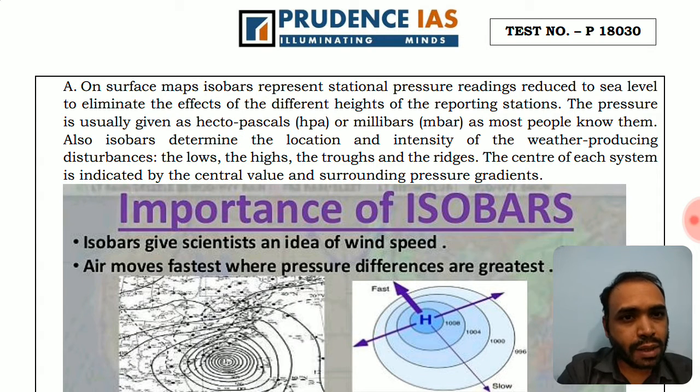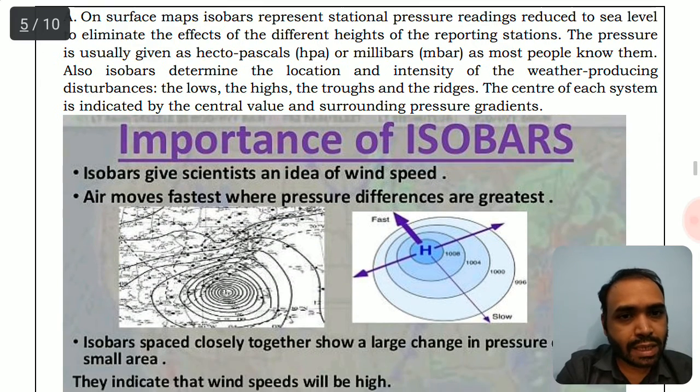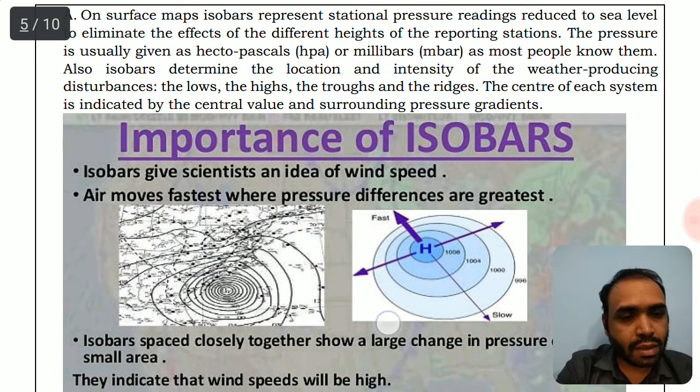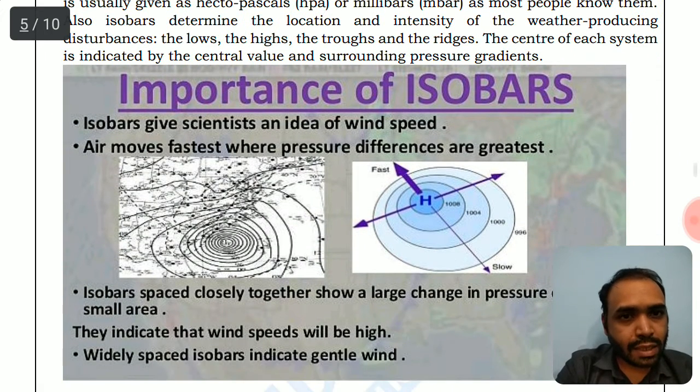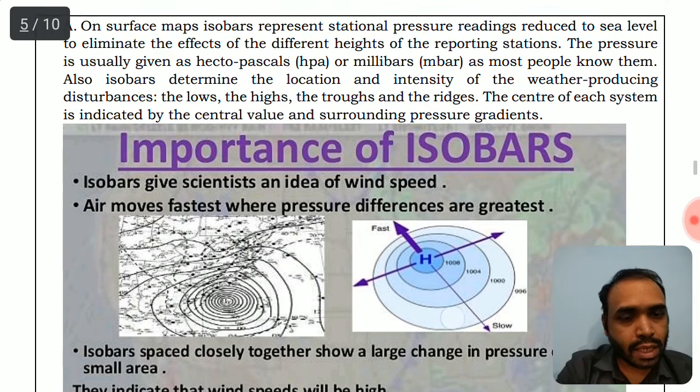Isobars determine the location and intensity of weather producing disturbances: the lows, the highs, the troughs, the ridges. The center of each system is indicated by the central value and the surrounding pressure gradient. So we can see this is the high and the other surrounding regions are there. For cyclones, there has to be an eye of low, not high.